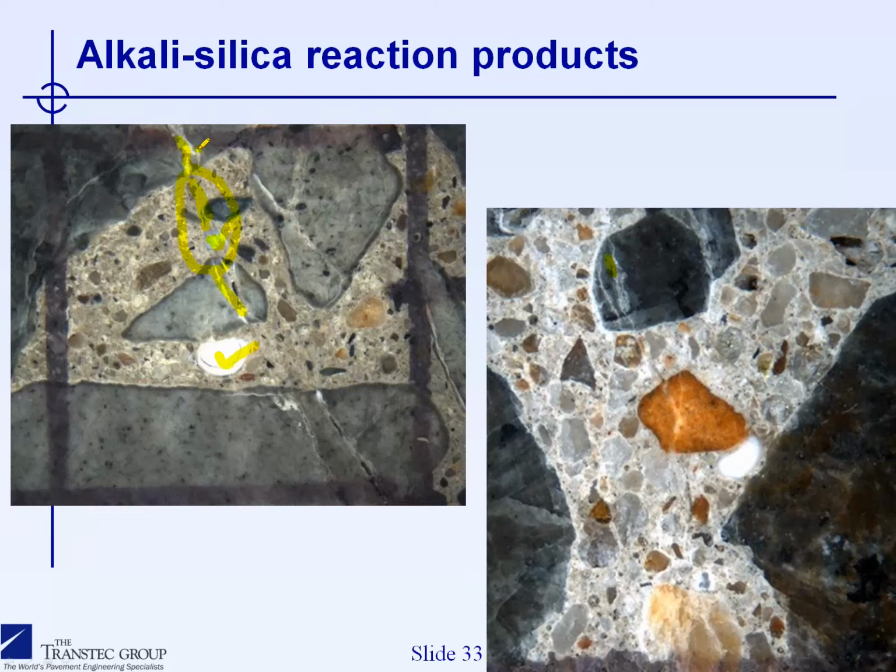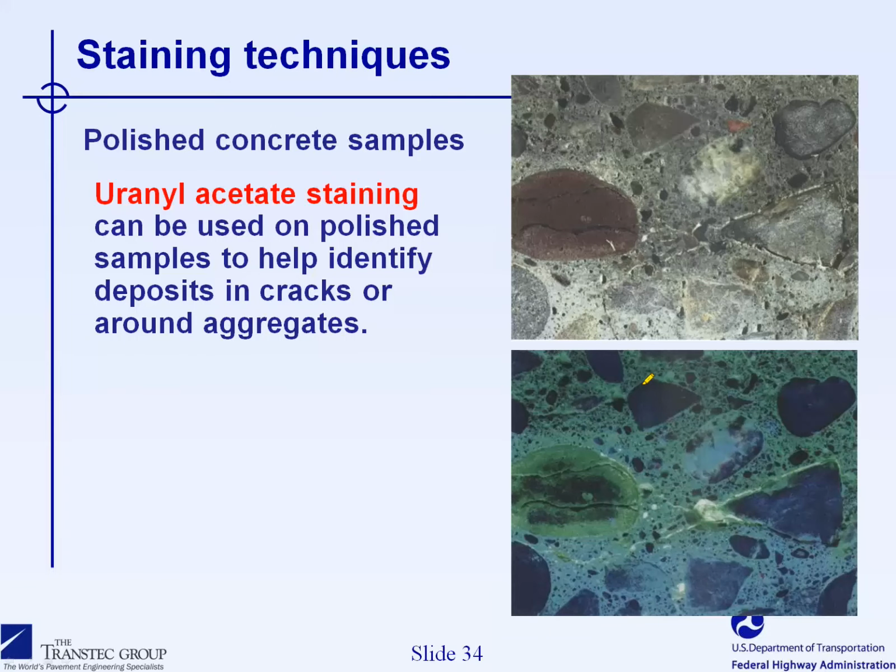As you can see here, when the expansion and the ASR is generated in the coarse aggregate particle, and here in the sand fraction. The presence of alkali silica gel is not necessarily easy to determine. Sometimes, despite the fact that there is a fair amount of cracking, the amount of gel present in the concrete is not necessarily that important.